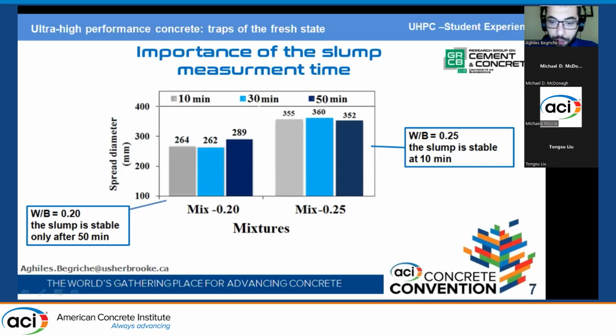It's also important to note that the variation of the superplasticizer from 2.3% to 1% by mass of cement, with an increase of only 42 liters of water, gives higher and more stable spread diameters as a function of time.